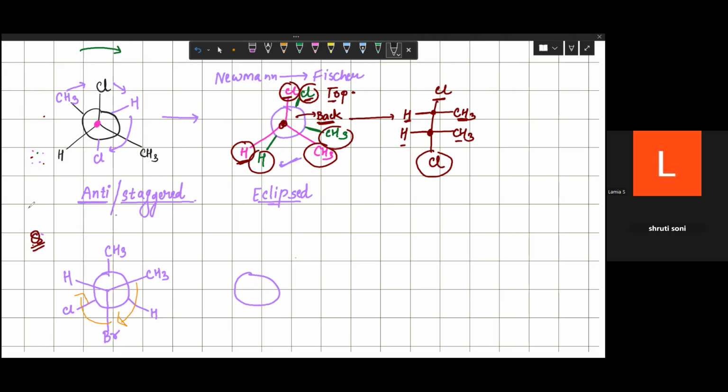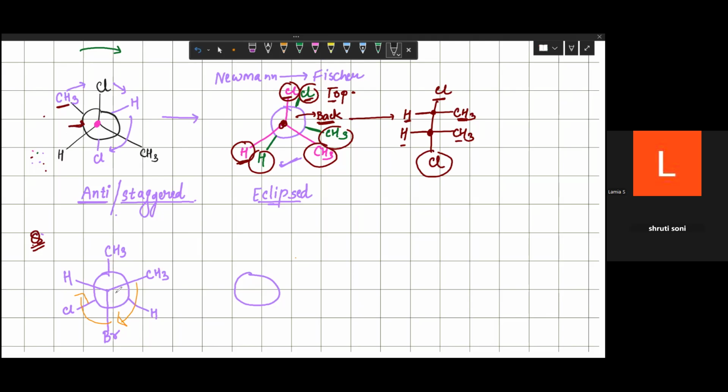I'm a little confused, because I'm looking at the example that you wrote at the top. I thought you were changing three different groups, right? Yes, that's also what I was doing. But see, in the first example, I'll rotate the back carbon. Back carbon means this one.